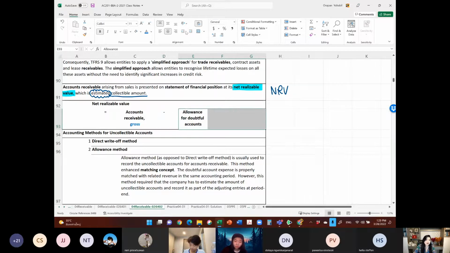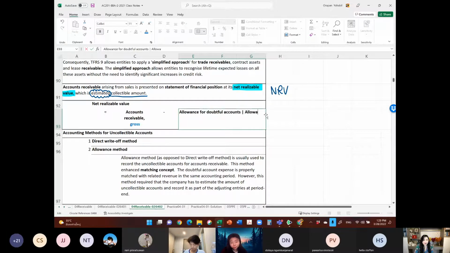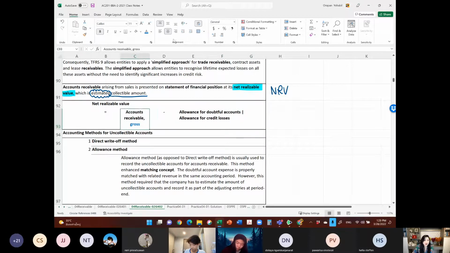This allowance for doubtful account can also be called allowance for credit losses. Same thing, so whatever you want to use, you may use the term allowance for doubtful account or allowance for credit losses.